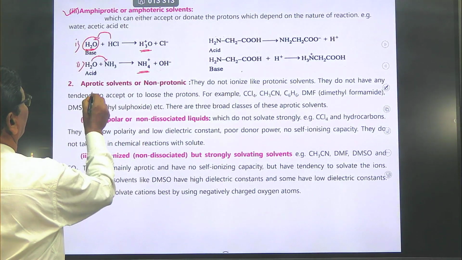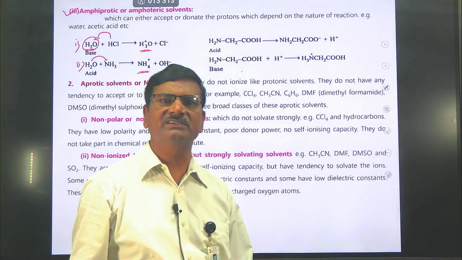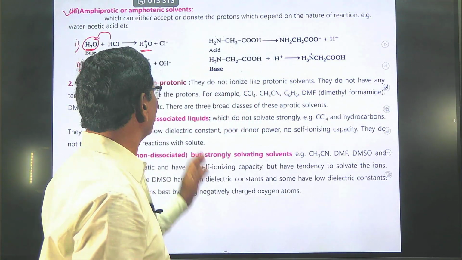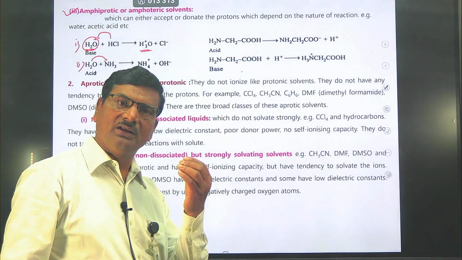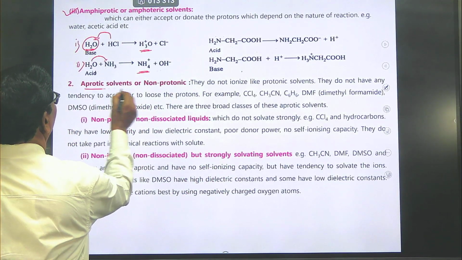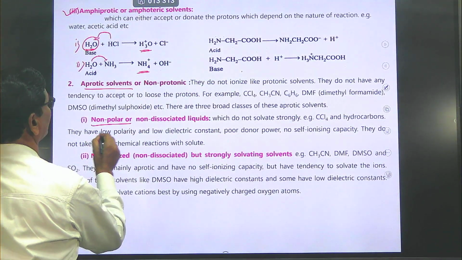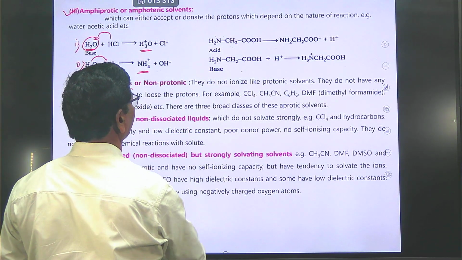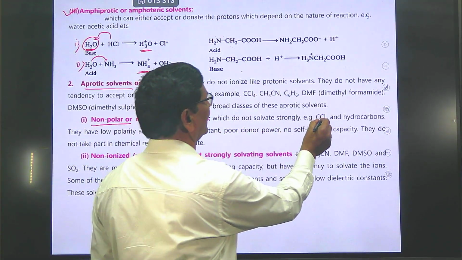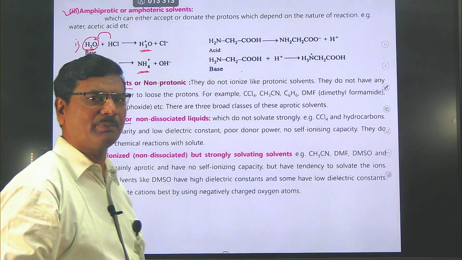The second type is the aprotic solvent or non-protonic solvent. An aprotic solvent is nothing but there is an absence of proton. Aprotic solvents are again divided into three parts. First, non-polar, non-dissociated liquids, which do not solvate strongly, like CCl4, hydrocarbons. CCl4 is carbon tetrachloride.